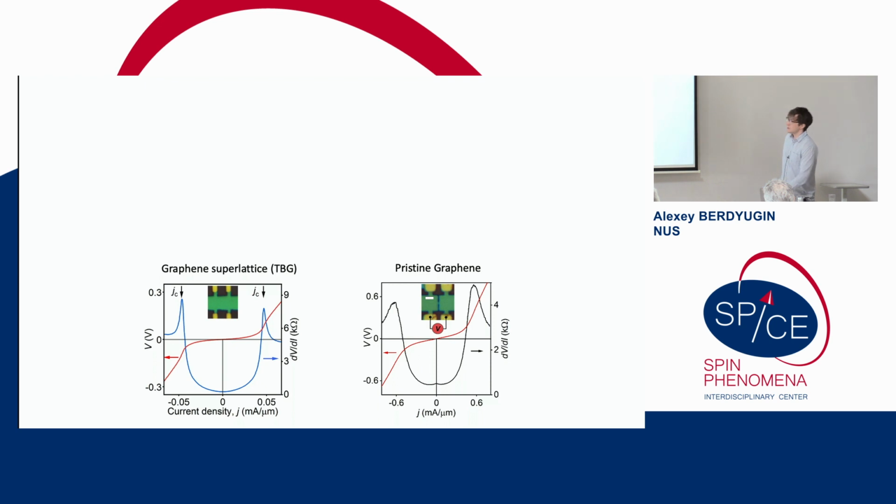Here I need to generalize our effect and say that qualitatively our understanding stands the same, that this process is the same in pristine graphene and in graphene superlattices, like twisted bilayer graphene or graphene aligned with hexagonal boron nitride. But quantitatively, there is some difference. If you try to estimate drift velocities in graphene superlattices, you will see a lot of difficulties because of the very complicated band structure there.